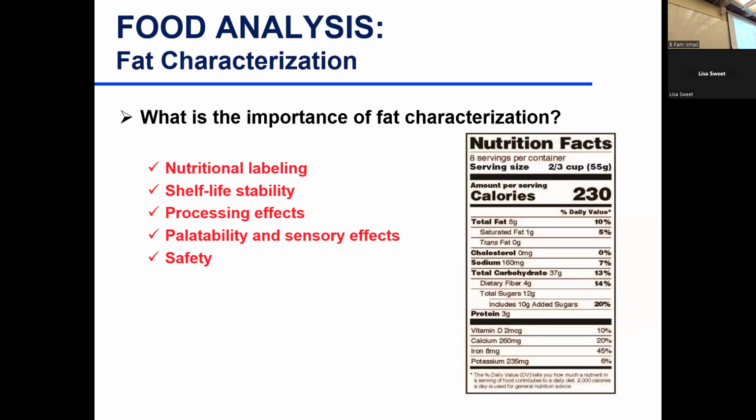Then when you have high free fatty acids, what happens to the oxidation? Increases. A high amount of free fatty acids has a higher rate of oxidation than when they are esterified to the glycerol. So triglycerides have a lower rate of oxidation.